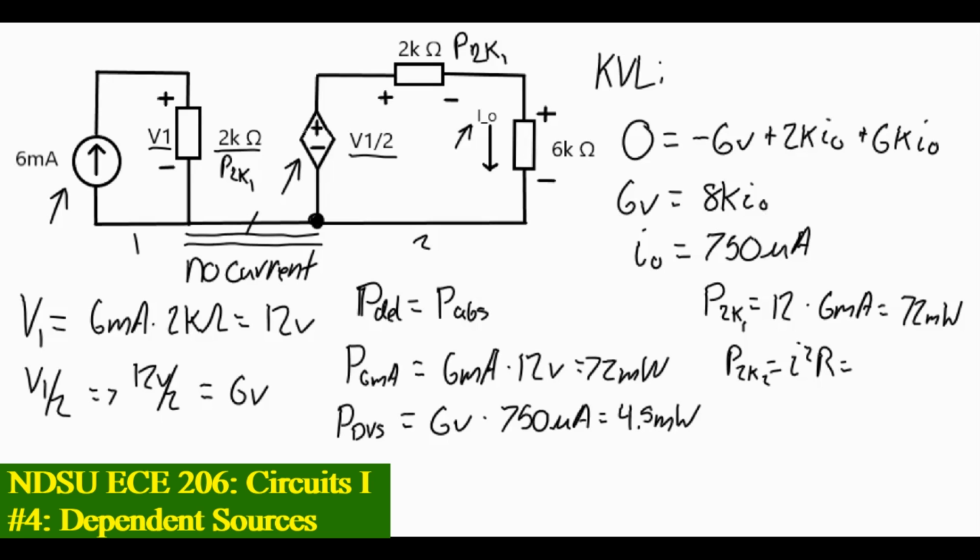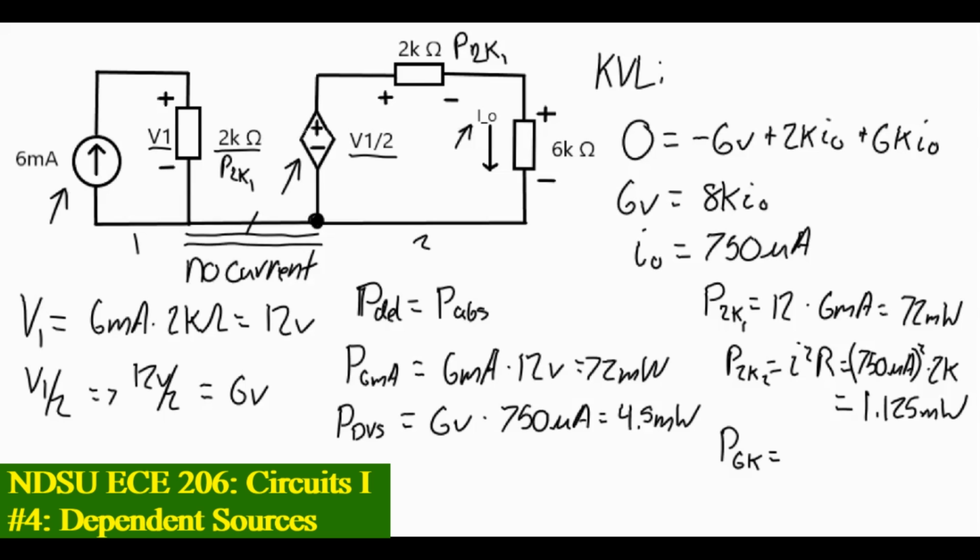And we know what those are. It's going to be I0 squared, 750 microamps squared times 2K. That is going to yield 1.125 milliwatts.